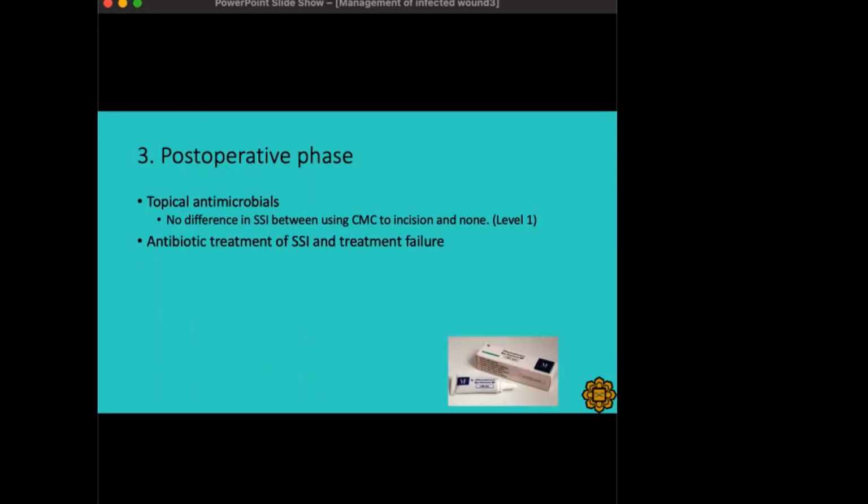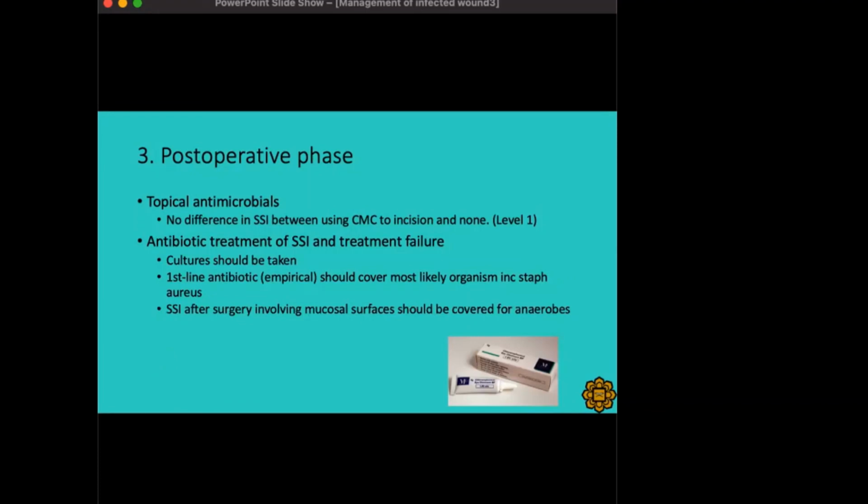Antibiotic treatment of SSI and treatment failure. Culture should be taken. First line empirical antibiotic should cover the most likely organism, including Staph aureus. If it involves mucosal surface, you should cover with anaerobes.